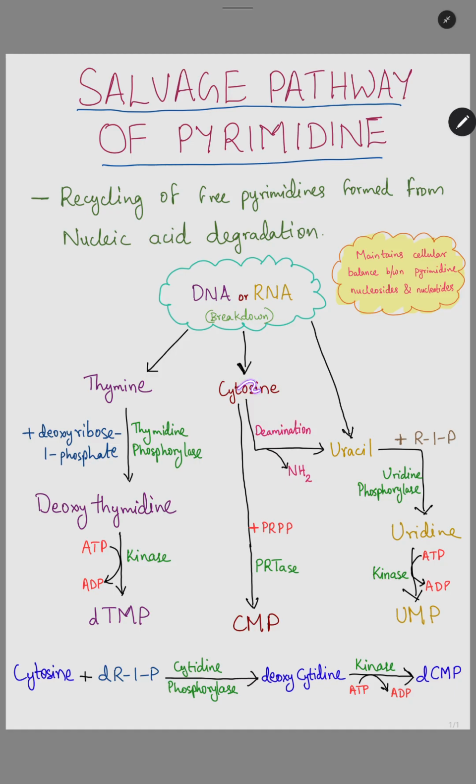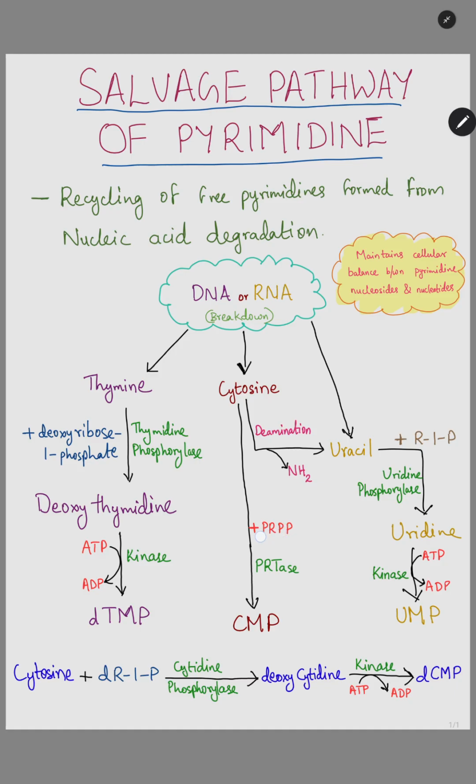Okay, so when we look into the formation of CMP, the cytosine combines with PRPP. We have seen PRPP in a lot of places. PRPP means phosphoribosyl pyrophosphate.